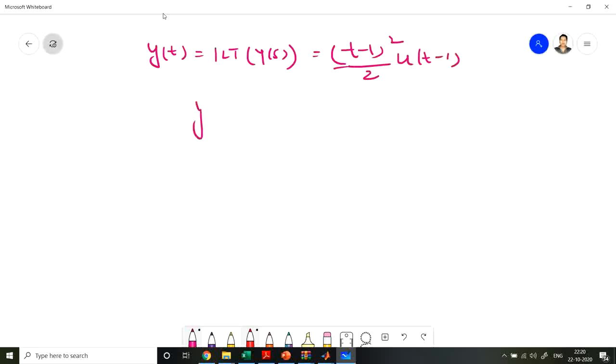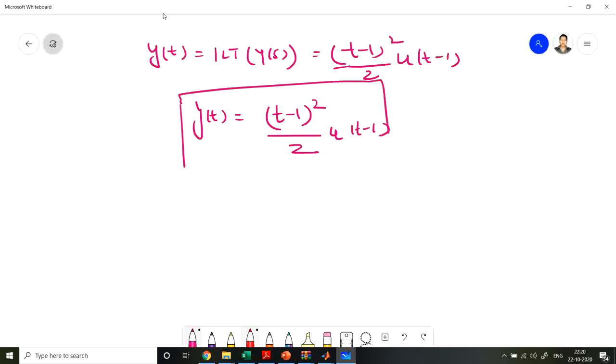So this is y(t), the time domain output.